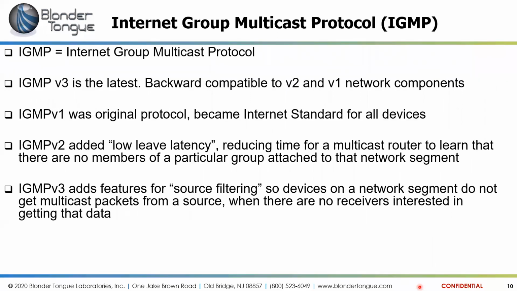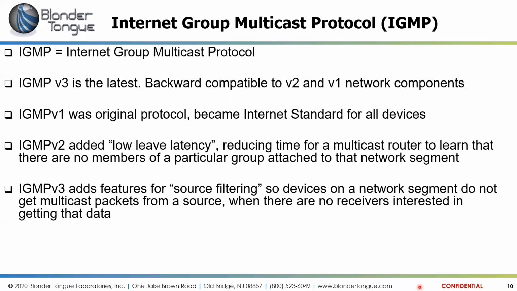Okay, I mentioned IGMP. IGMP stands for Internet Group Multicast Protocol. It's the standard protocol used to allow multicasting to occur across switches and routers on a network and minimize the data traffic flow so that we don't overload the network.